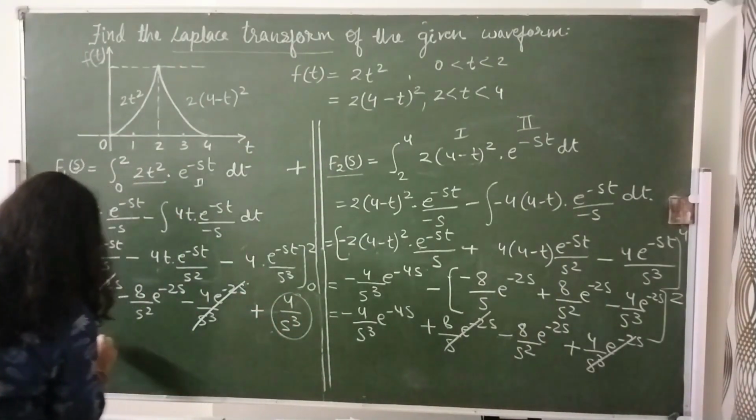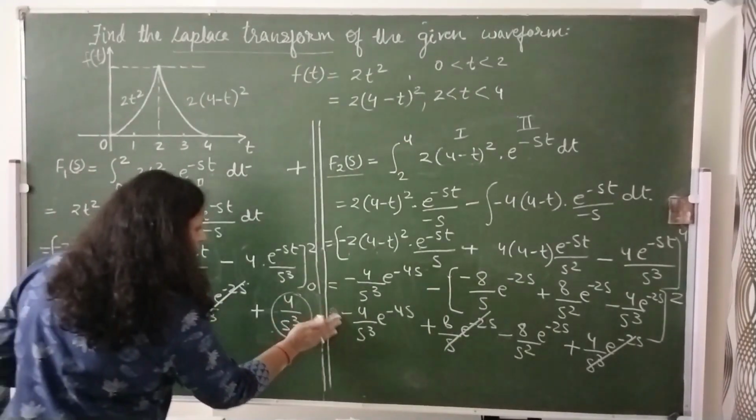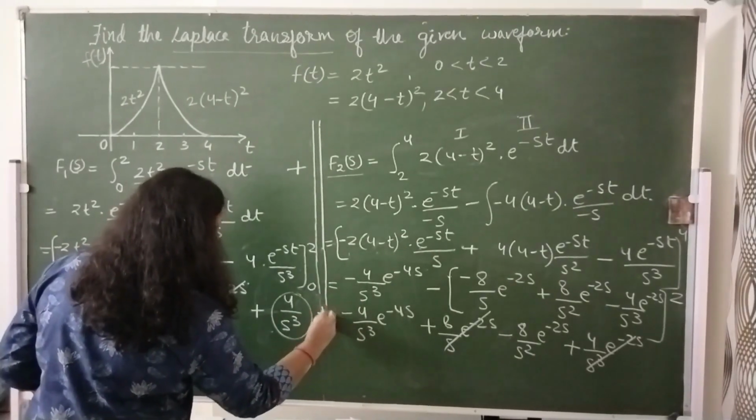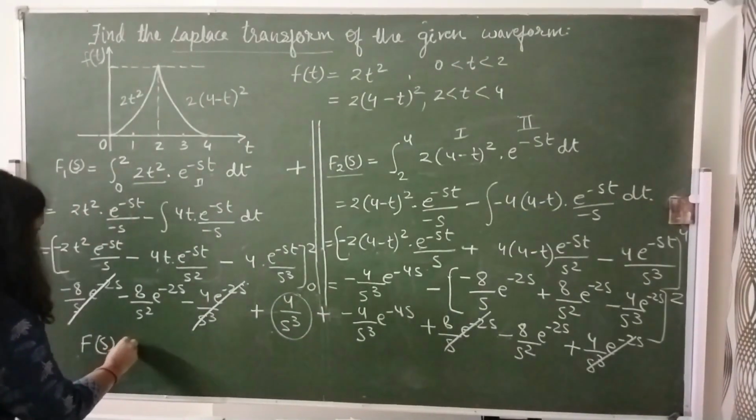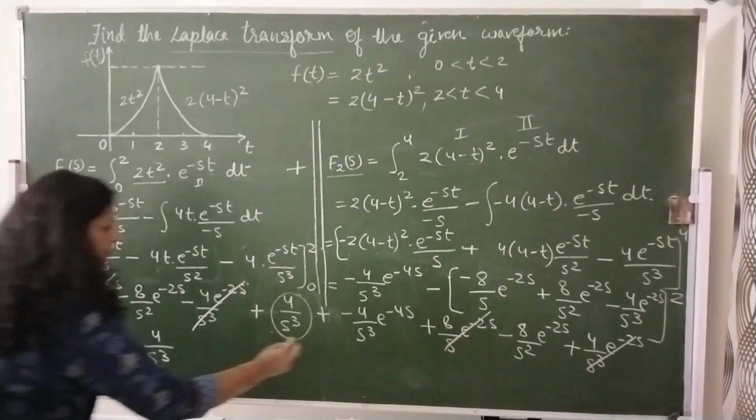So for F(s), which is the summation of F1(s) and F2(s), this is the first term, that is 4 by s cube.